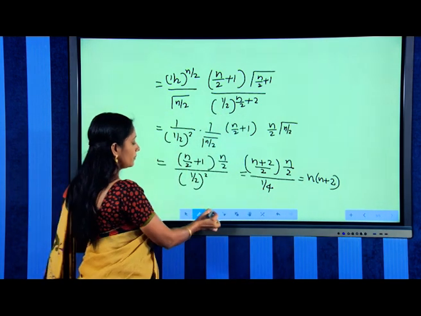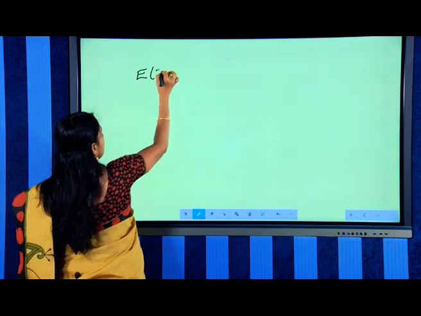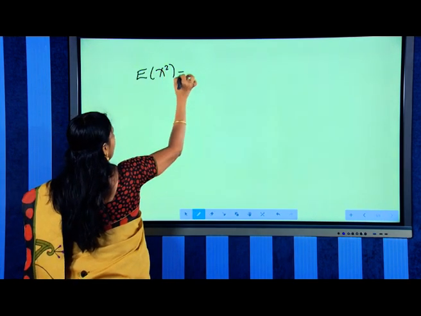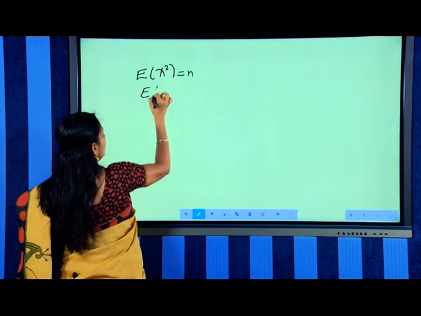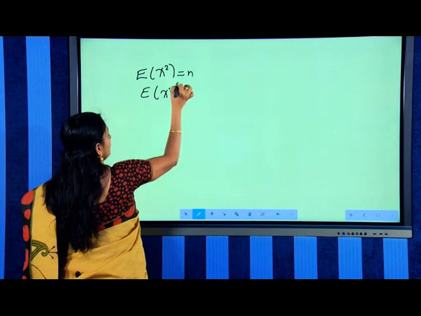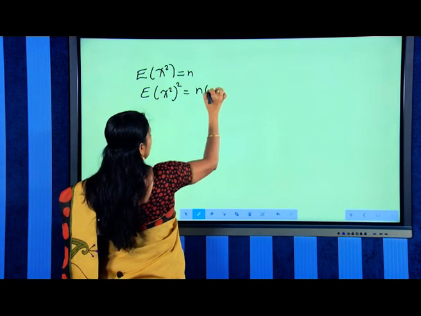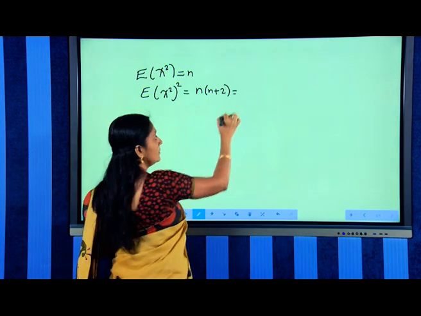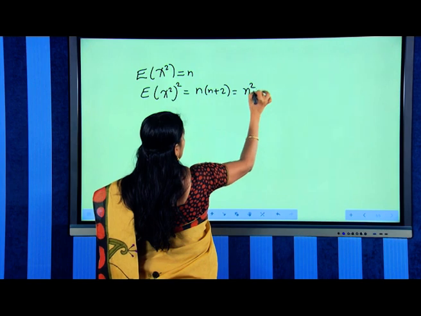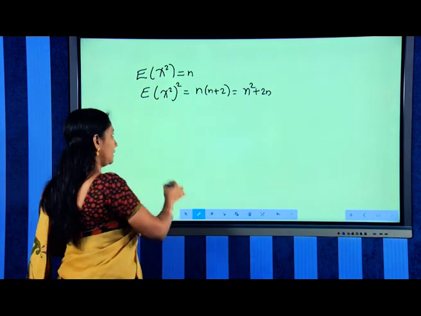Therefore, we got expectation of chi square as n and expectation of chi square square as n into n plus 2. This is equal to n square plus 2n. So, what is the variance of chi square?